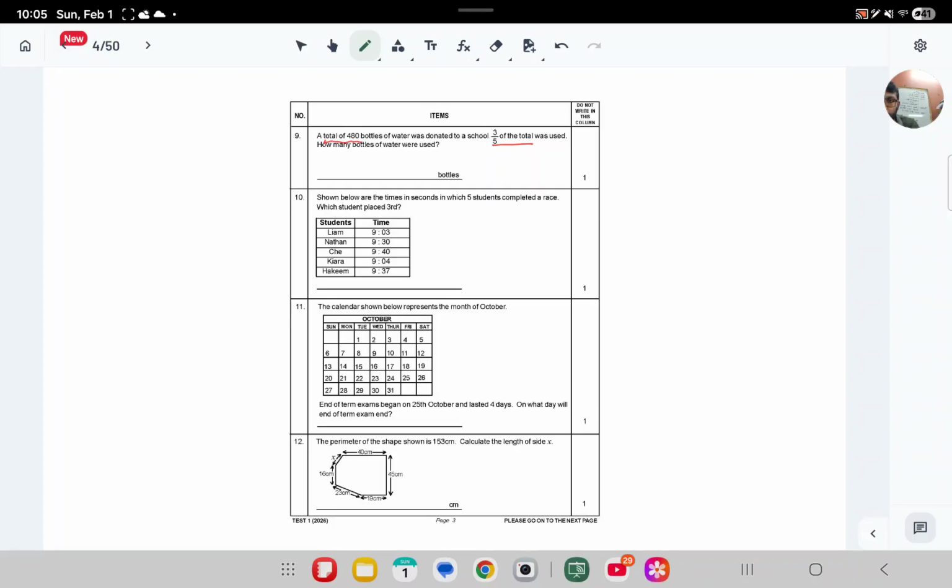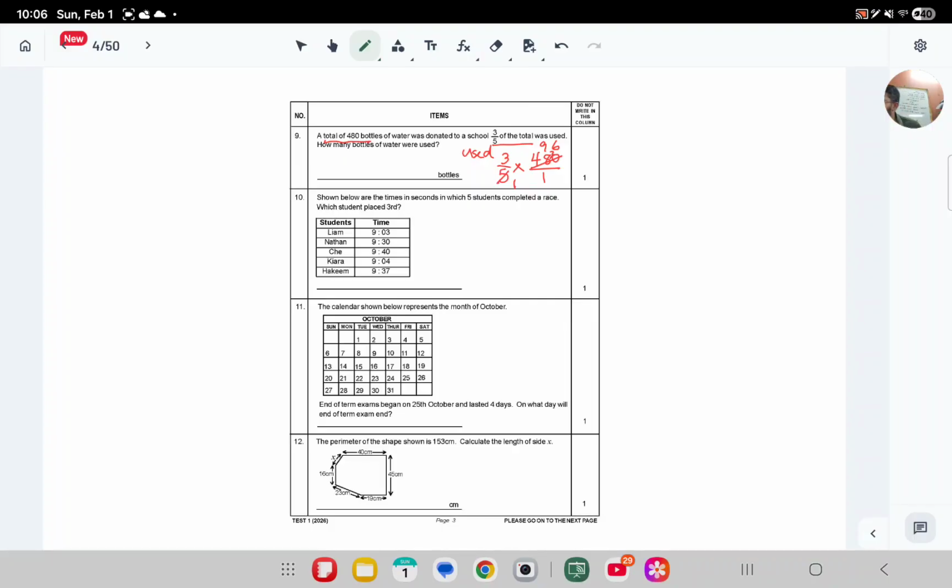We know the total was 480. We represent a whole number as a fraction by placing it over 1. And now we can simplify or reduce here. So 5 goes into 5 one time, 5 goes into 48, 9 times, 9 fives are 45, leaving 3, that's 6.